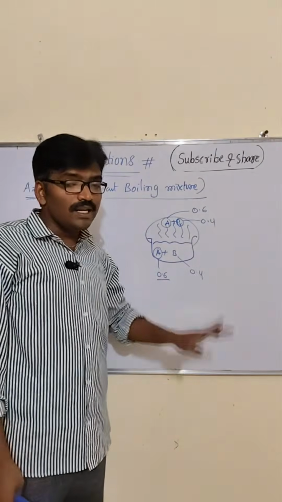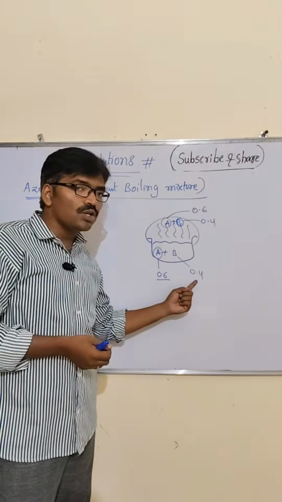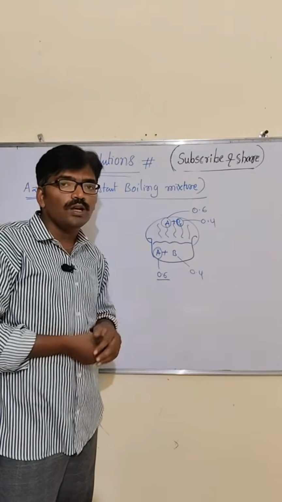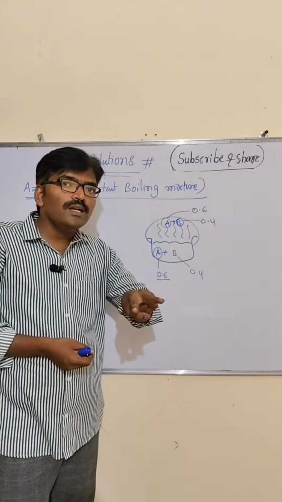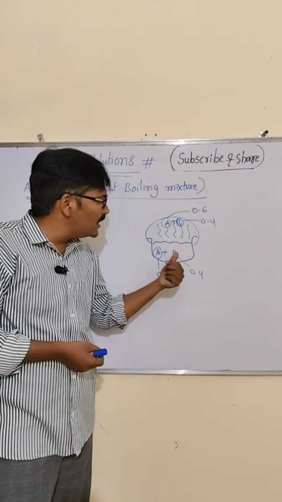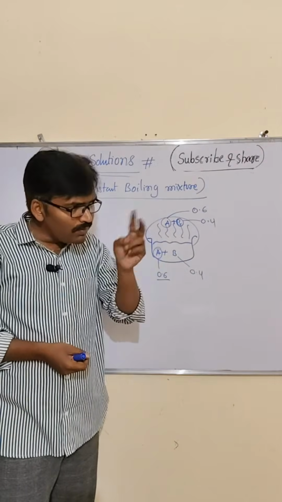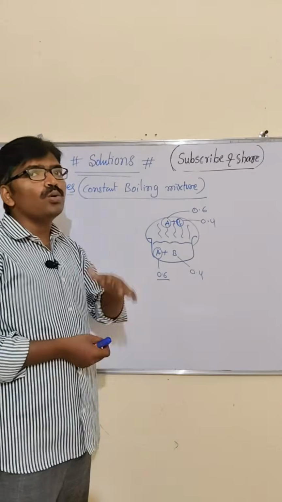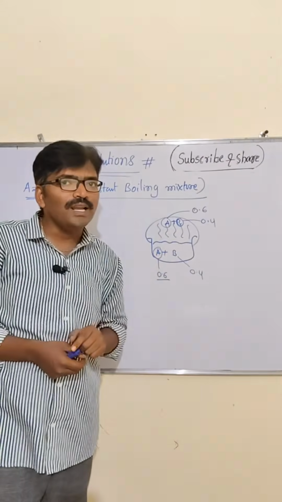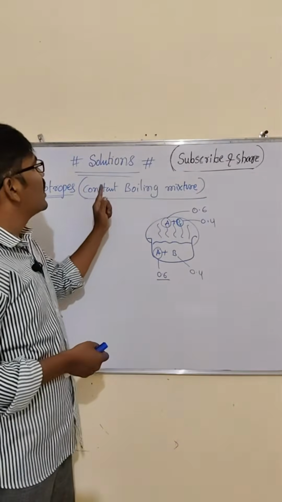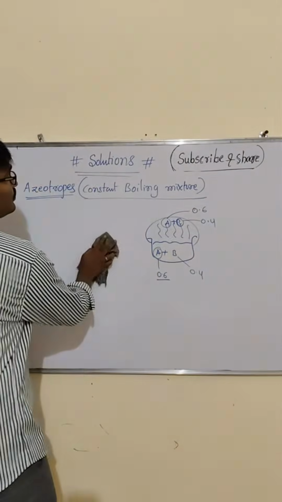Once again, listen carefully. The liquid phase should have the same composition, and the vapor phase should have the same composition. These azeotropic mixtures boil at constant temperature. That is why we call them constant boiling mixtures. Clear, my dear students?